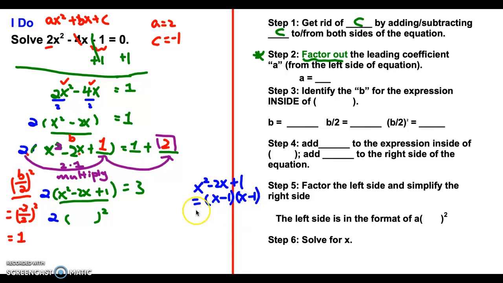Do you remember that? Also, you can remember the shortcut: it's x plus b over 2. So here you fill it in with x minus 1 squared. That also comes from here, because a number or expression multiplied by itself.